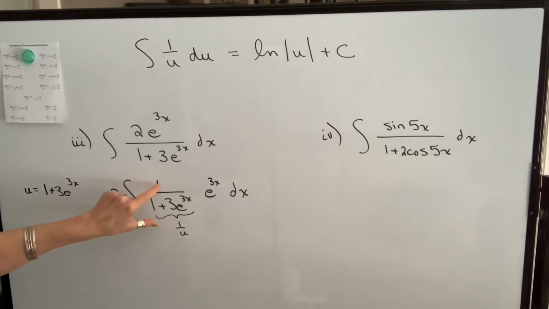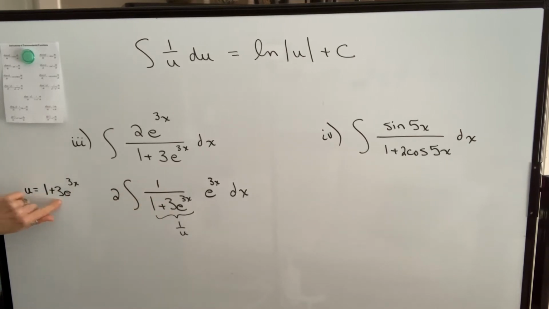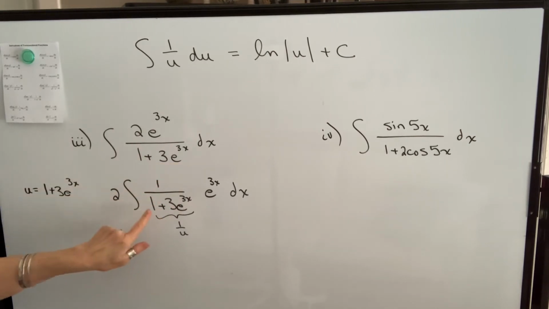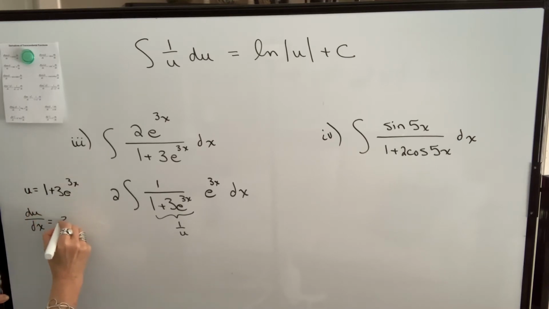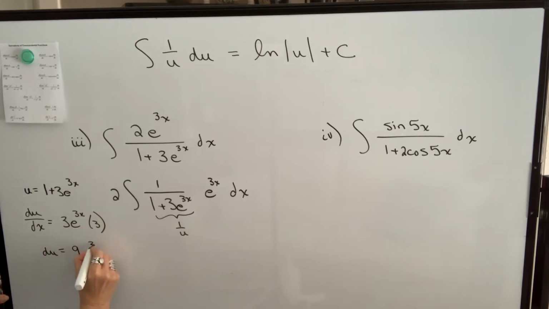Again, I don't write 1 over that. I just want the u. The pattern is 1 over u, so u is just 1 plus 3 e to the 3x. I find the derivative will be 0 plus 3 e to the 3x times the derivative of 3, which is 3. So the differential will be 9 e to the 3x dx.